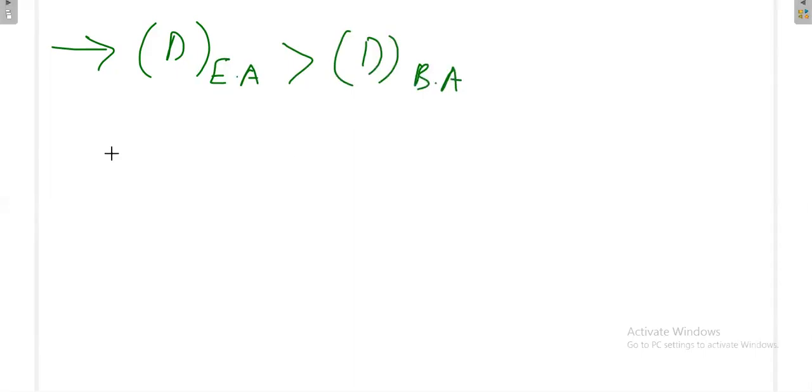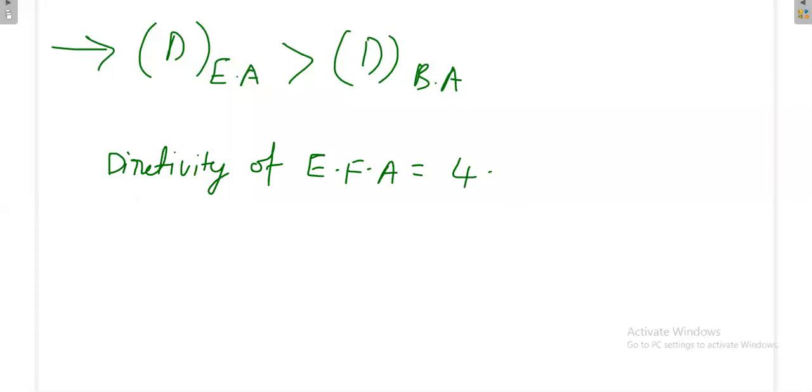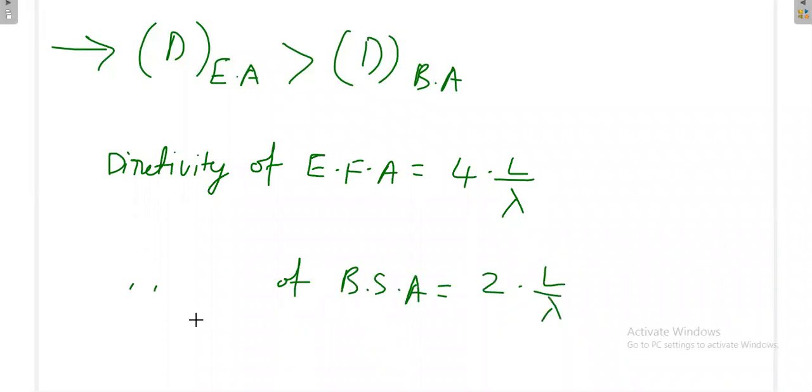The directivity of end fire array is equal to 4L by lambda, and the directivity of broadside array is equal to 2L by lambda. Finally, directivity of end fire array is equal to 2 times the directivity of broadside array.